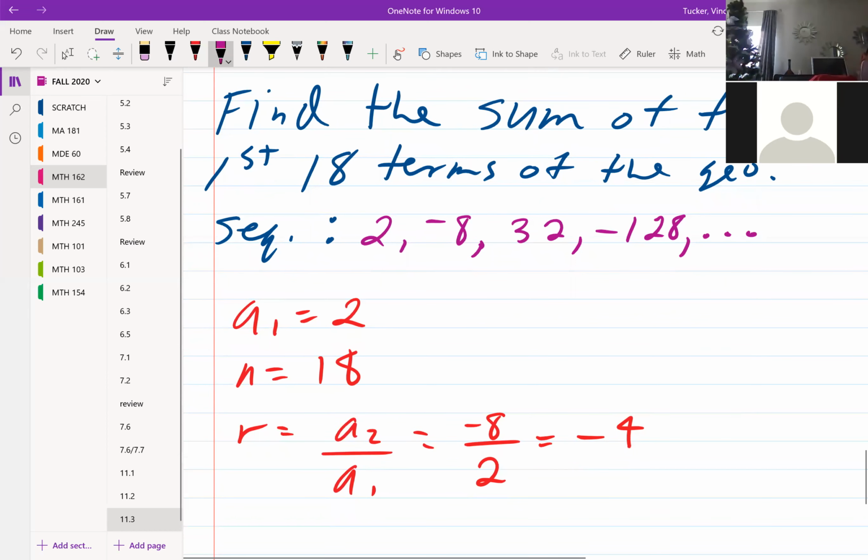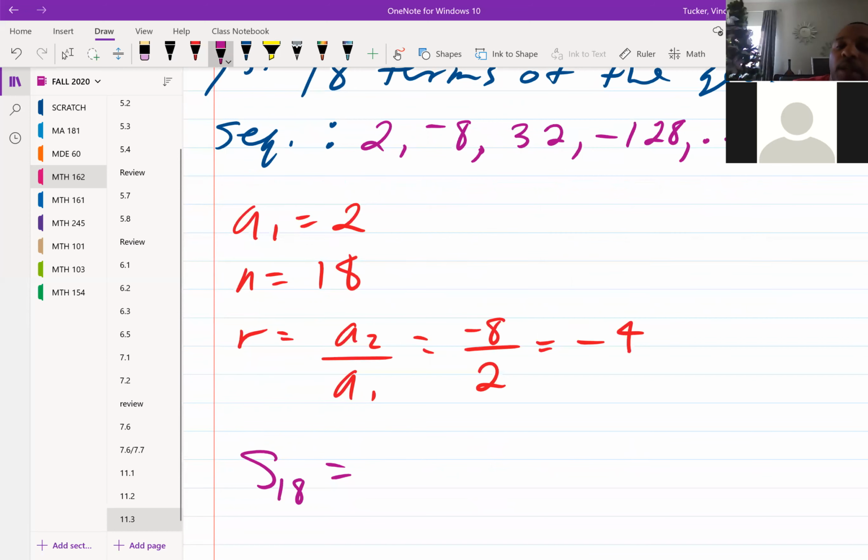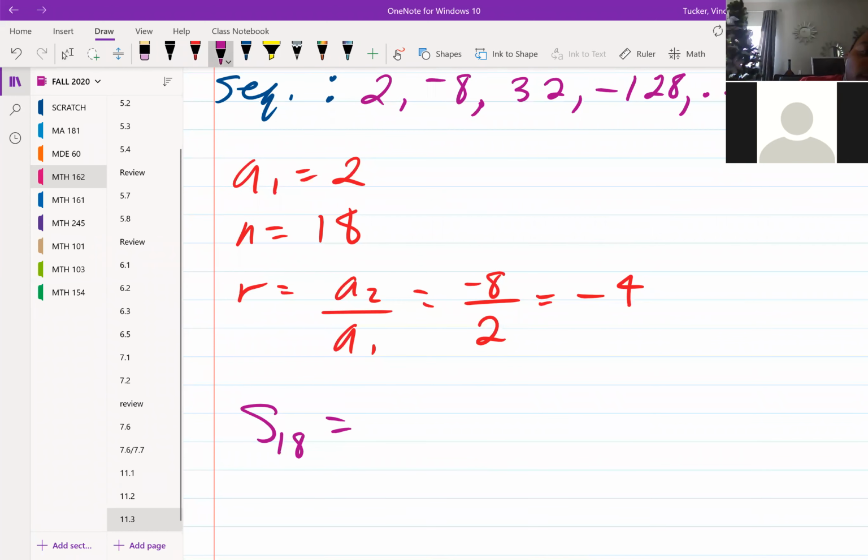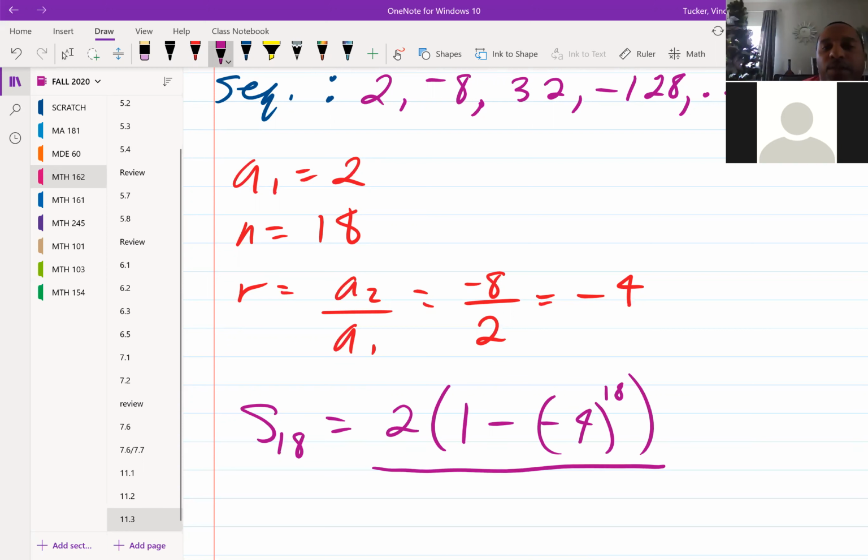From there, we're looking at S sub 18. That'll be 2 for a sub 1, times 1 minus -4 raised to the 18th power. Make sure you know how to use your calculator unless you really want that problem.